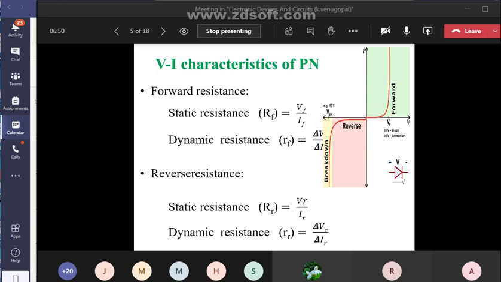The dynamic resistance is defined as the rate of change of forward voltage to the change of forward current, so we can write delta V by delta I. In reverse bias, the static resistance is the ratio of reverse voltage to reverse current, and dynamic resistance is delta VR by delta IR.